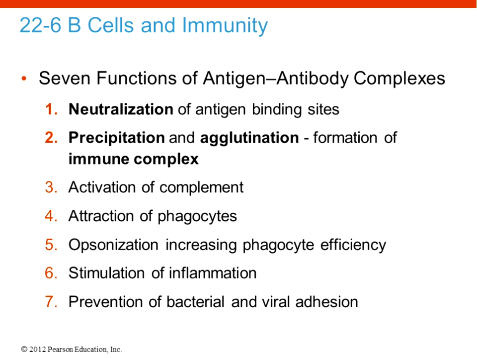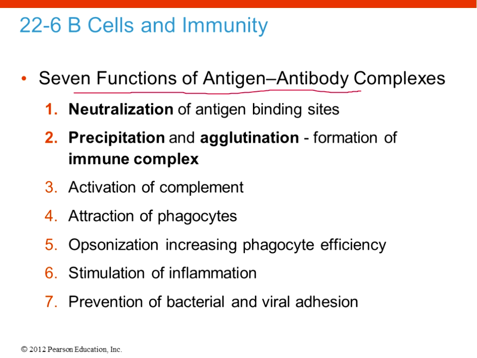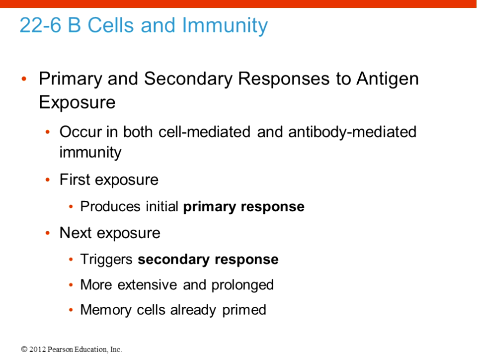All right. Let's see. I think you don't have to worry about the seven functions of antigen-antibody complexes. But what I do want to talk about is the primary and secondary responses to antigen exposure.